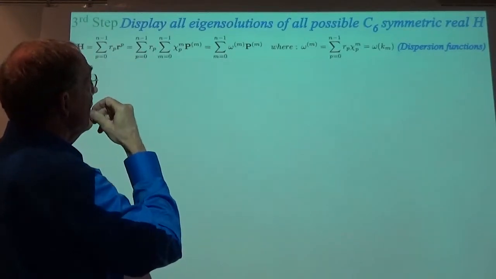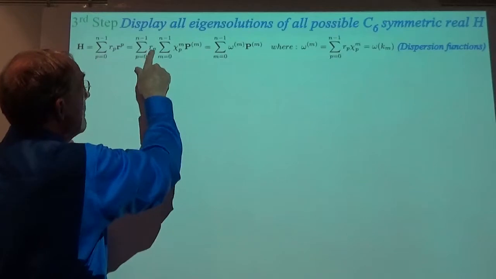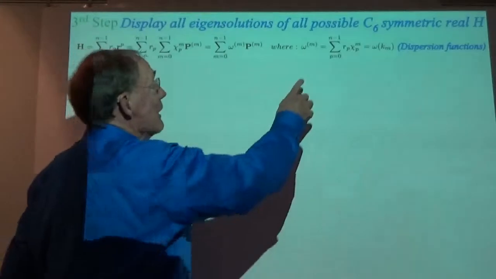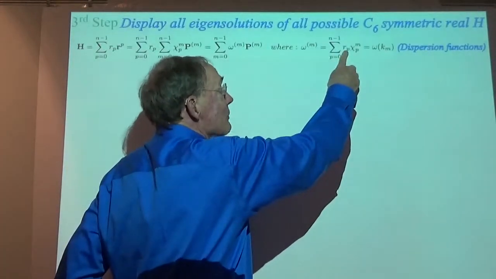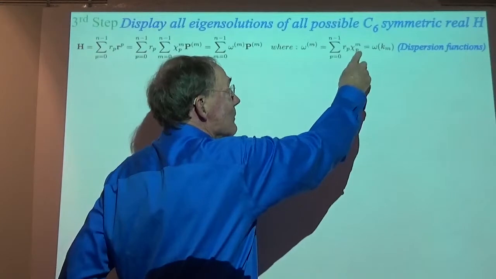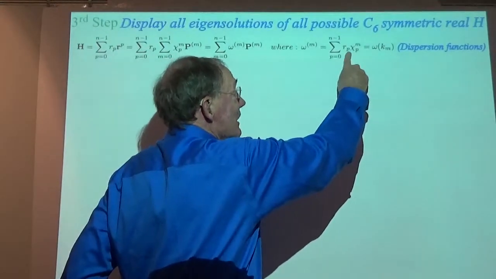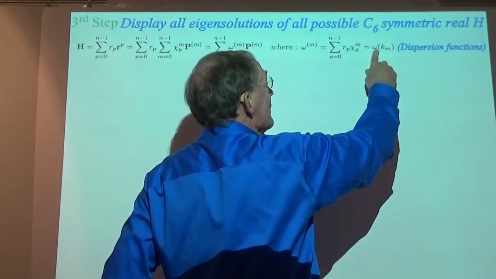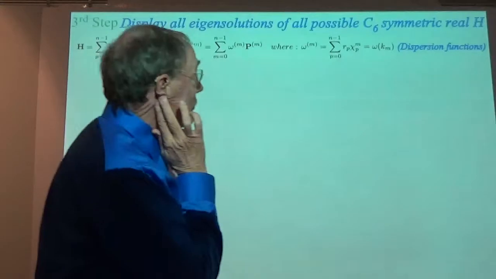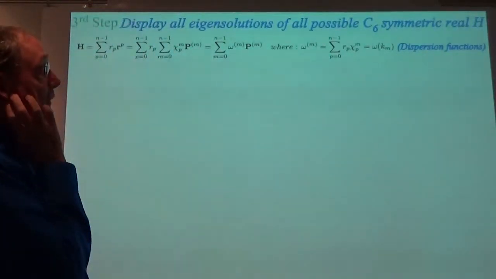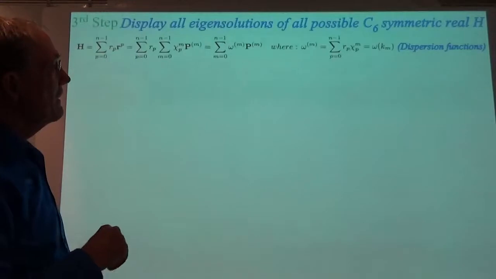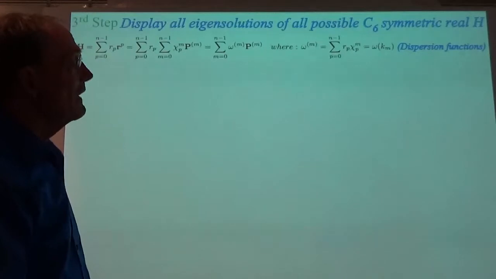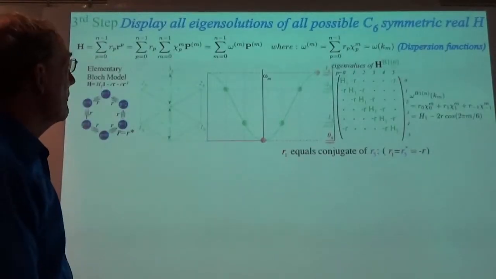But the idea is that I can combine all of this into an eigenvalue. The eigenvalue is simply the sum of those parameters now over the points, okay? And that is a function of those points, and it's also a function of the momentum. That's your dispersion function. So we're going to look at those. But you can see, kind of in one line, we do this whole group theoretical driven Fourier analysis.